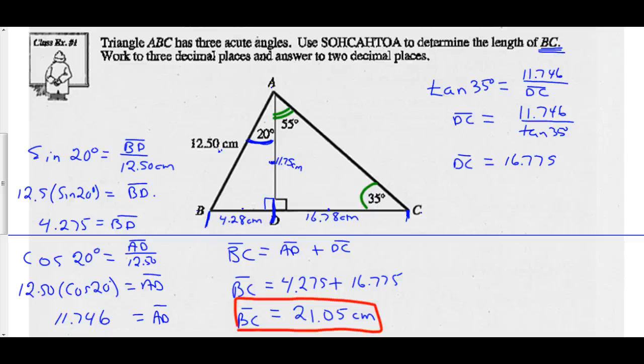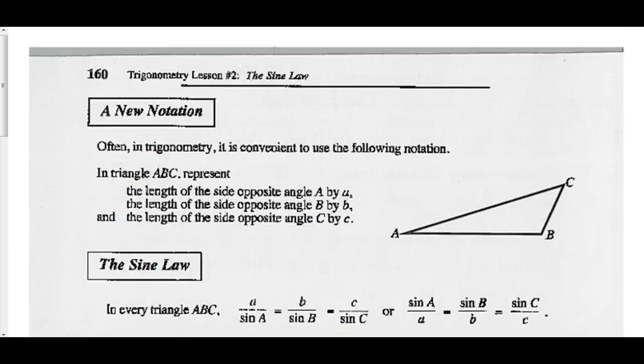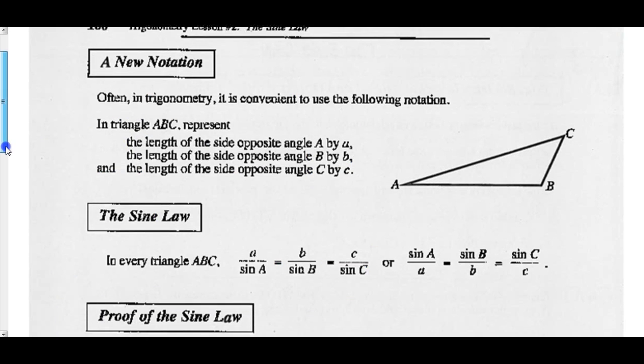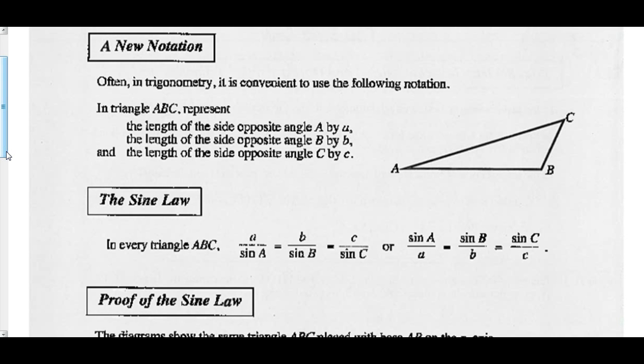Let's move on to the next page, page 160. A new notation. Often in trigonometry, it's convenient to use the following notation. In triangle ABC, represent the length of the side opposite angle A with lowercase a.